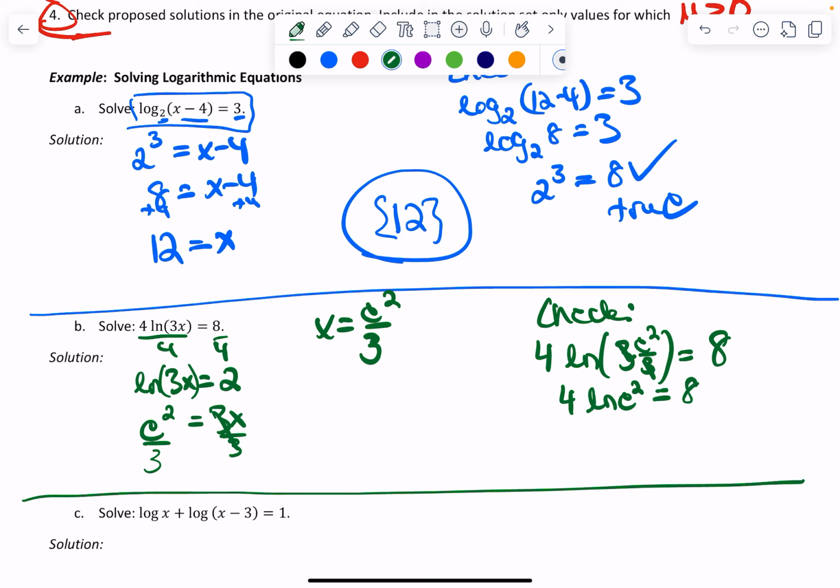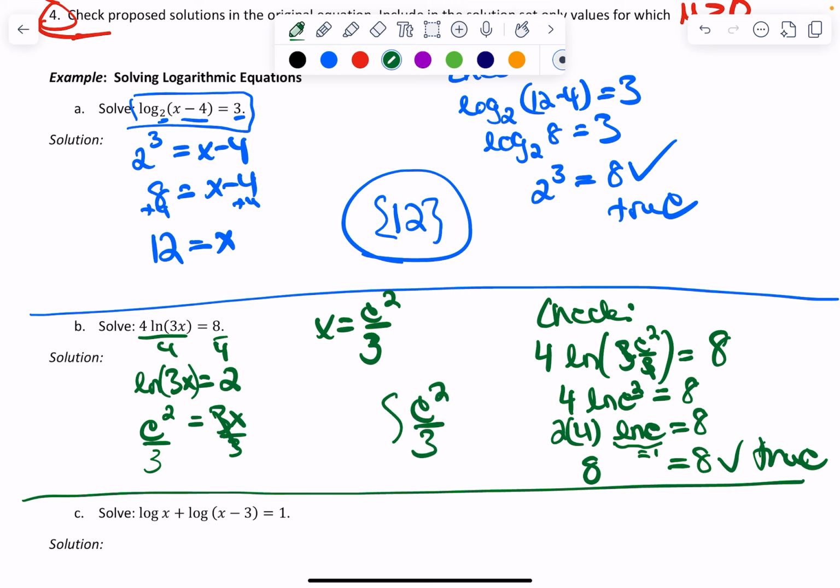Well, we bring the 2 to the front, our power rule, and 2 times 4 is 8. And we know that this here is a 1. So 8 equals 8 is true. So our answer is e squared over 3.